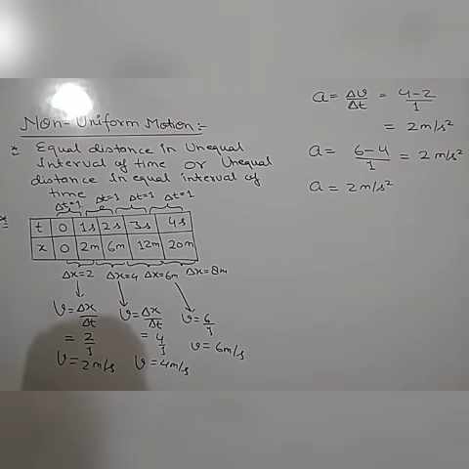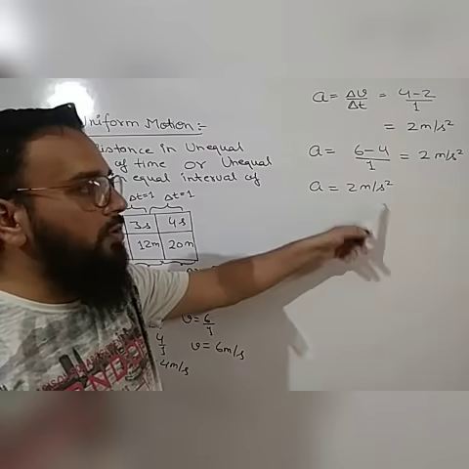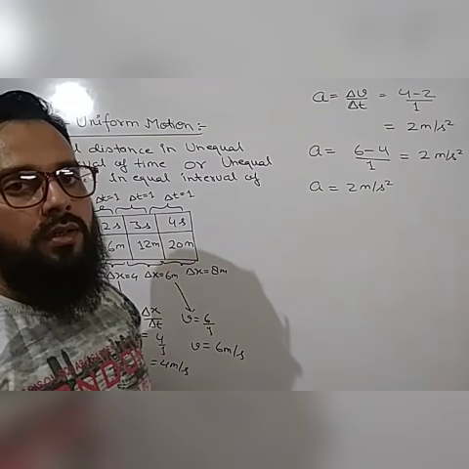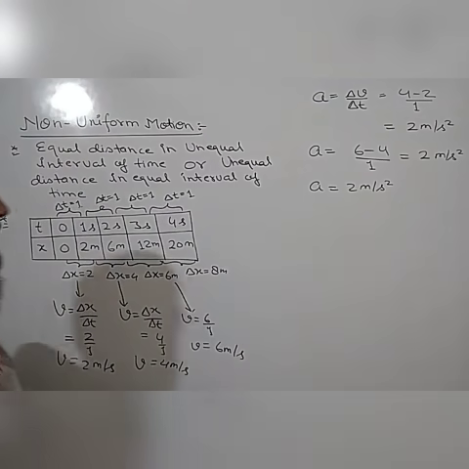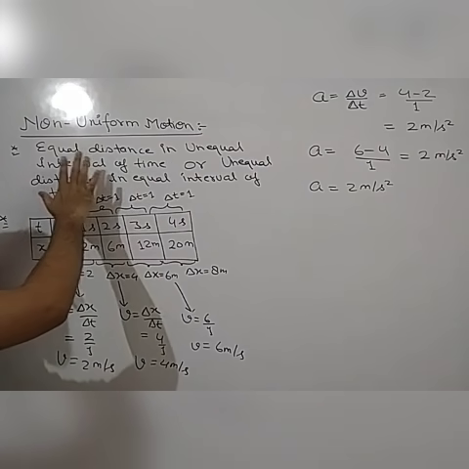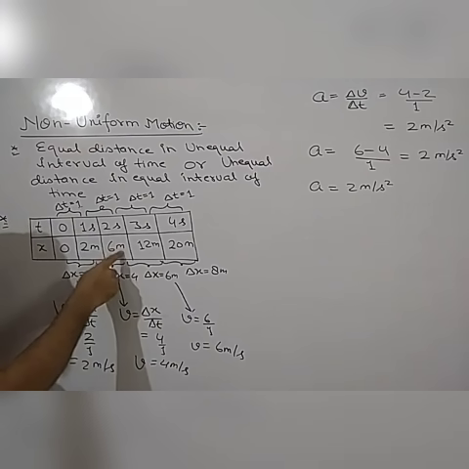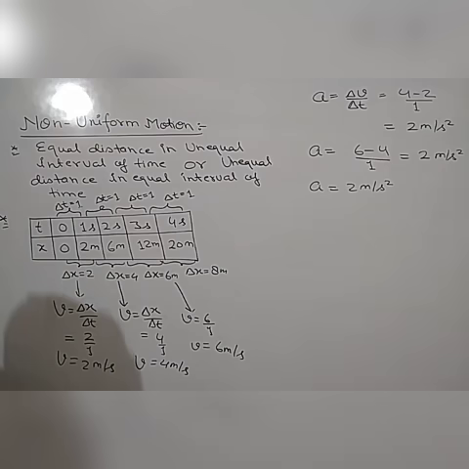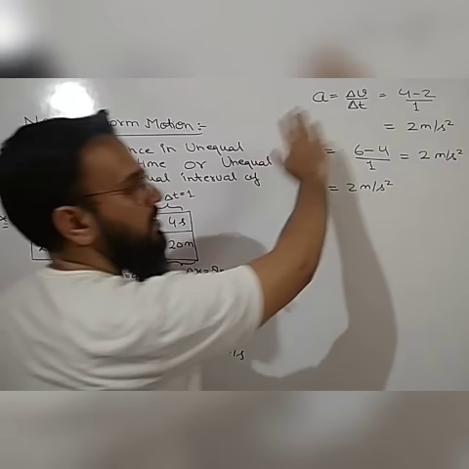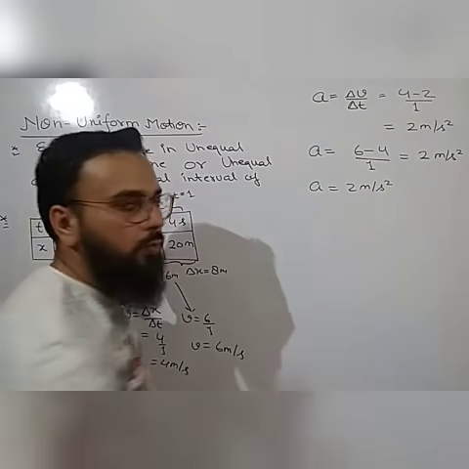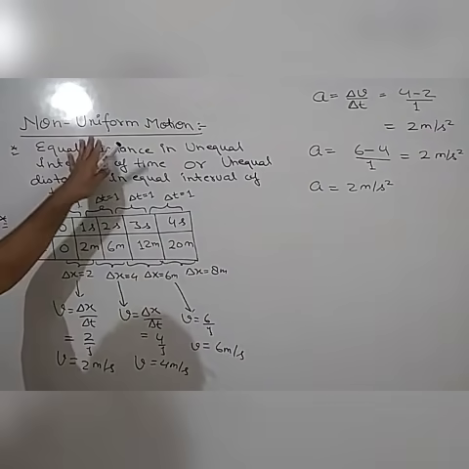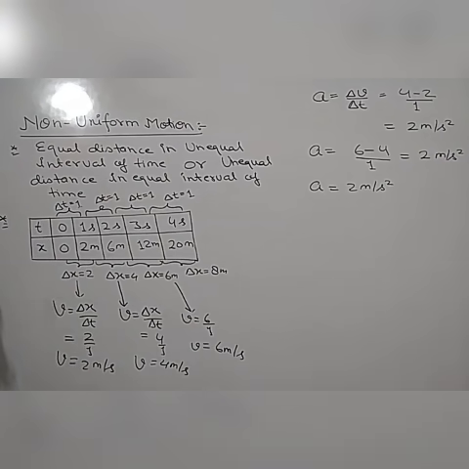It means in this case acceleration is coming out to be constant also. So if a body covers unequal distance in equal interval of time, then velocity doesn't remain constant and acceleration is not zero. It is having some value. So such type of motion is known as non-uniform motion.